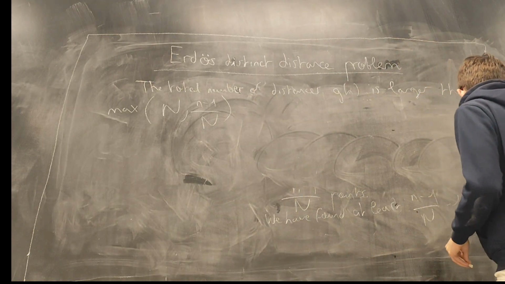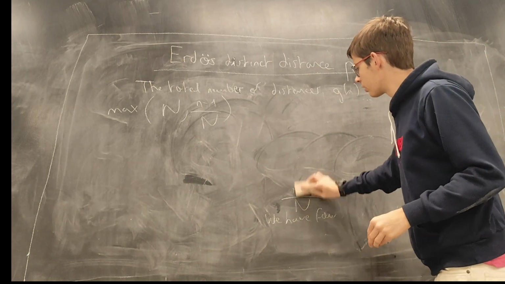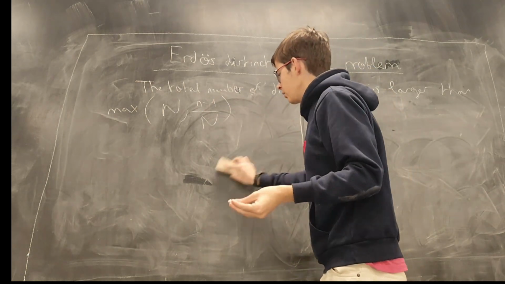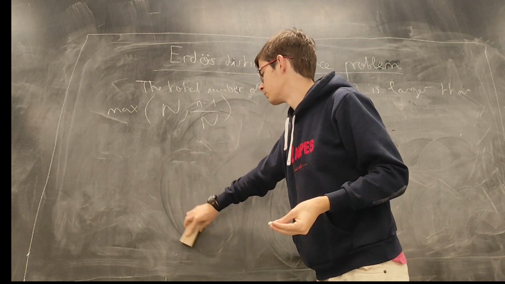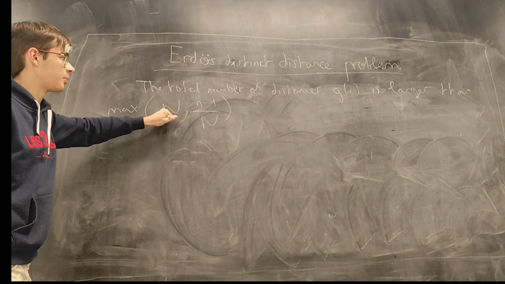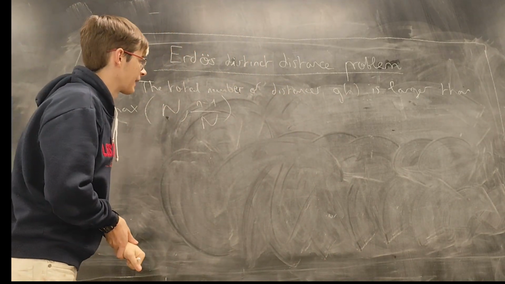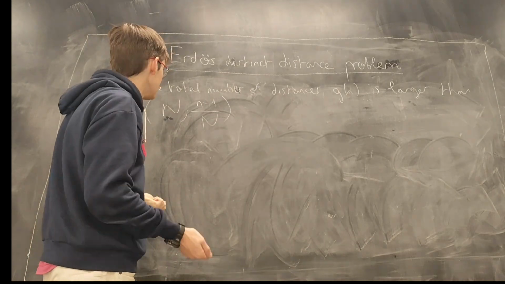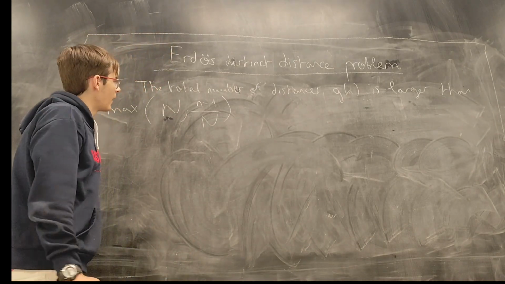Now, n is our parameter from the beginning, so it's a fixed parameter, but here we don't know what value big N has. It could be anything.